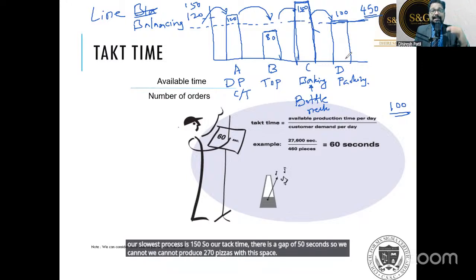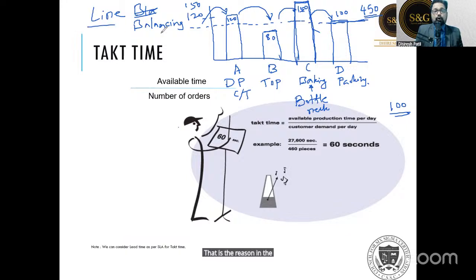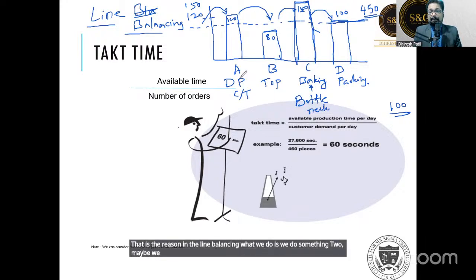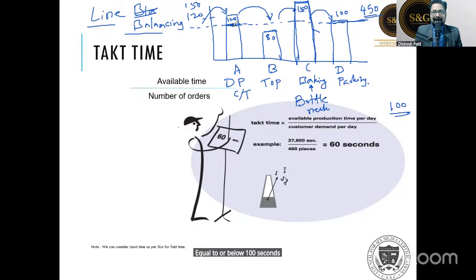That is the reason in line balancing, what we do is we add resources. Let's say dough preparation. Maybe we can automate the process. We can add additional resources. Our objective is to bring all the cycle times equal to or below 100 seconds. Are you understanding?